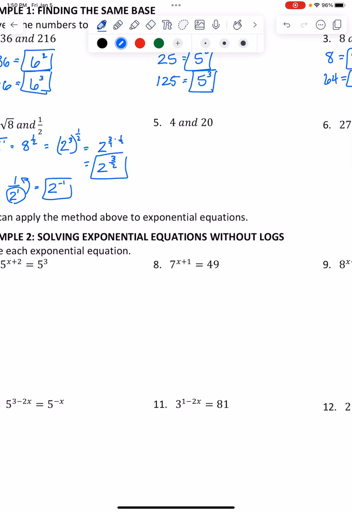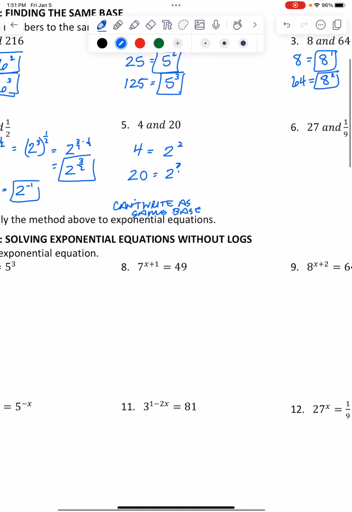Number 5, 4 and 20. We can rewrite 4 as 2 squared. Then with 20, can we rewrite 20 as 2 to a power? We cannot. So we can't write these as the same base, so nothing to do with those.